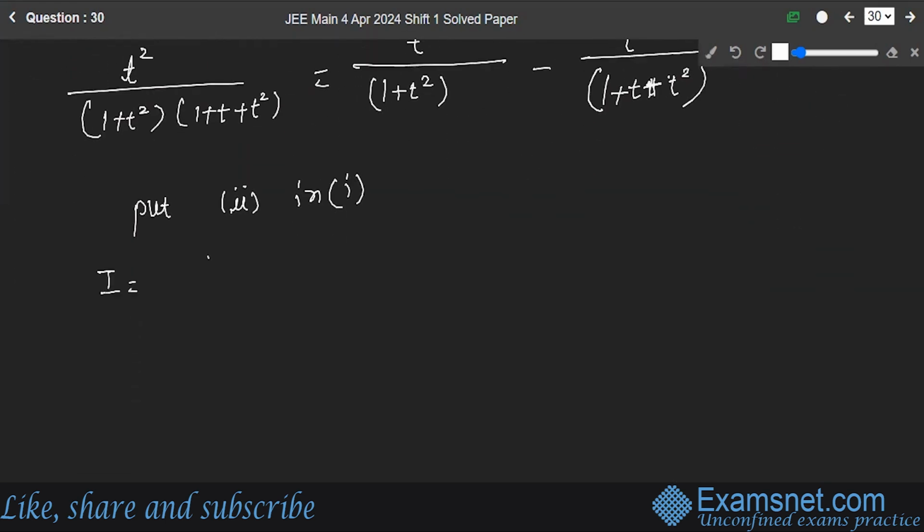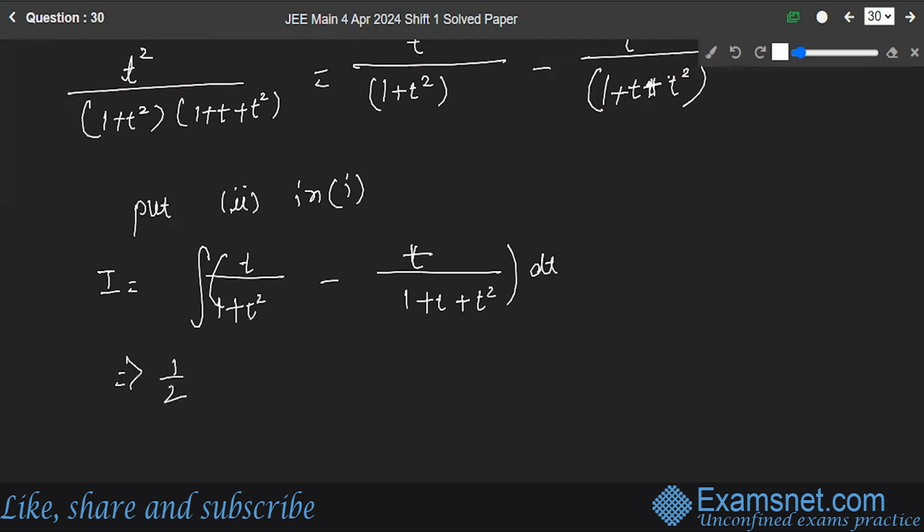So I is equal to integral of t upon this minus t upon this dt. Correct. So this will be equal to 1 by 2 integral, the limits change from 0 to 1. Let's multiply the numerator by 2.